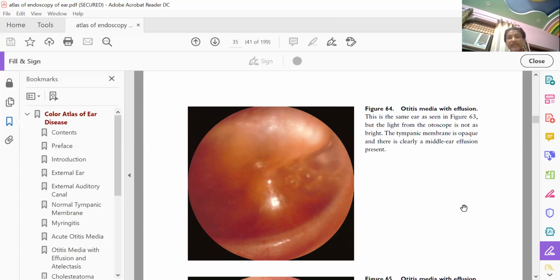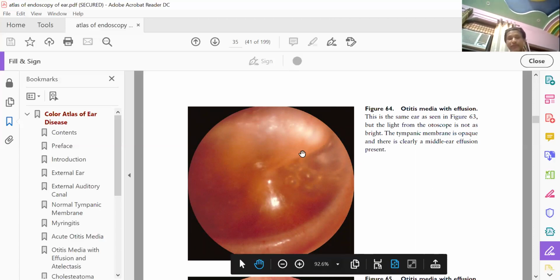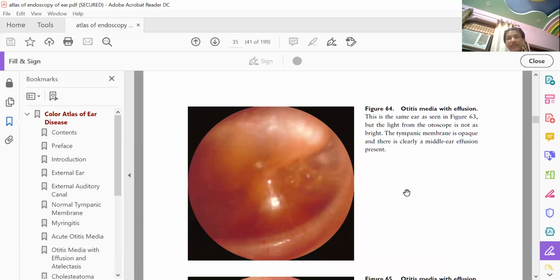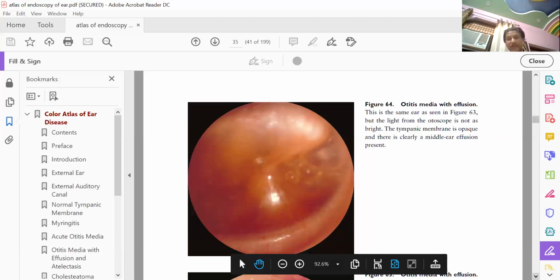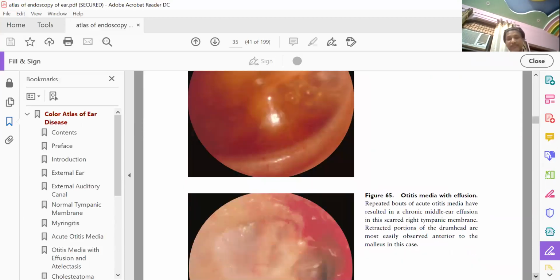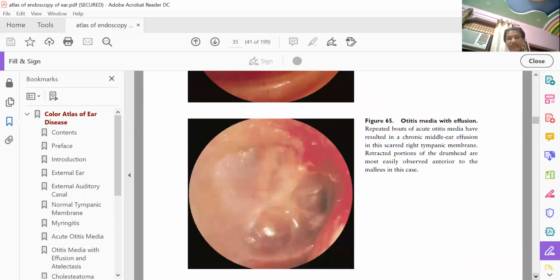And number three is glue ear, GLUE, glue ear. So if this is a sterile fluid, obviously when it undergoes bacterial infection it can behave as acute otitis media, the painful picture, and then you can have a perforation in this case. So this is again an effusion case.